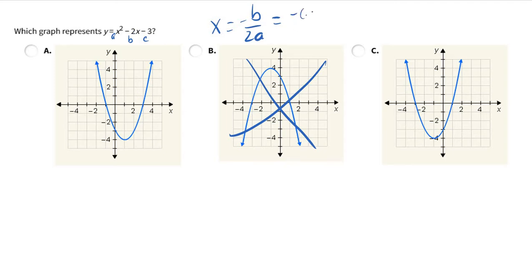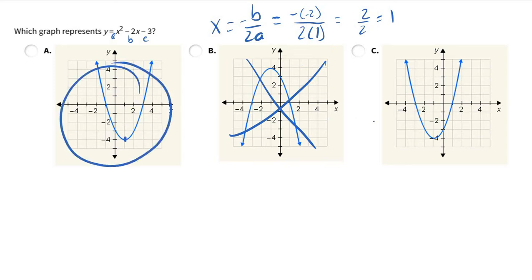So negative negative 2 over 2 times a, which is just 1 in this case. Well, of course, that would be 2 over 2, which is 1. So I know that the axis of symmetry is 1. Well, there it is, isn't it? So it's got to be this function. This one is over at negative 1, so it doesn't work. So that's how I could identify it pretty easily using negative b over 2a, okay?